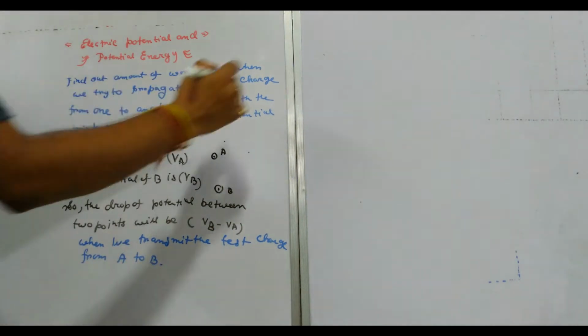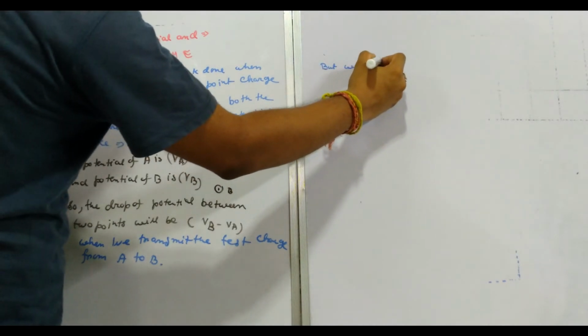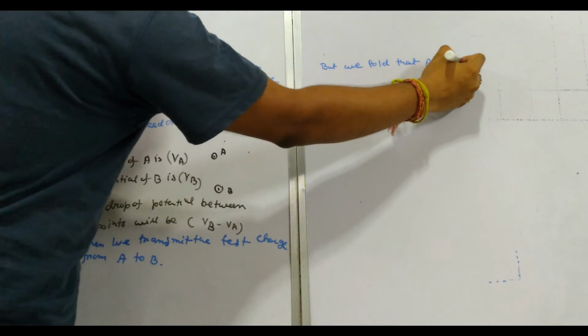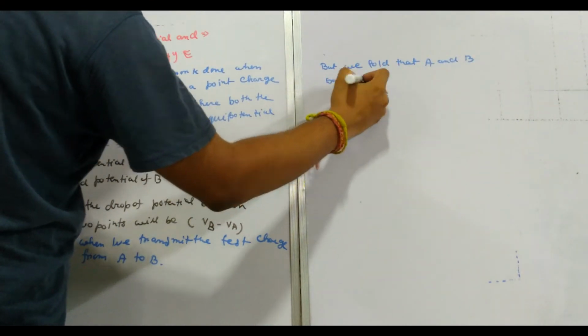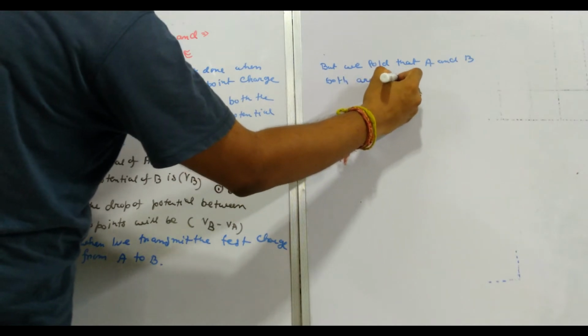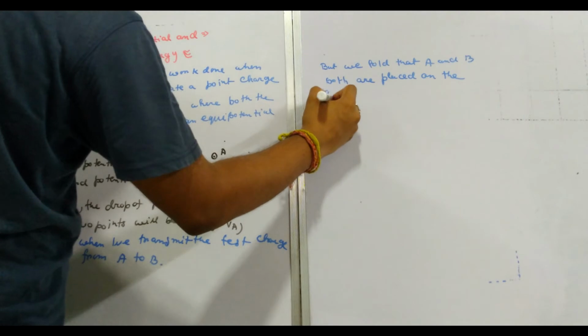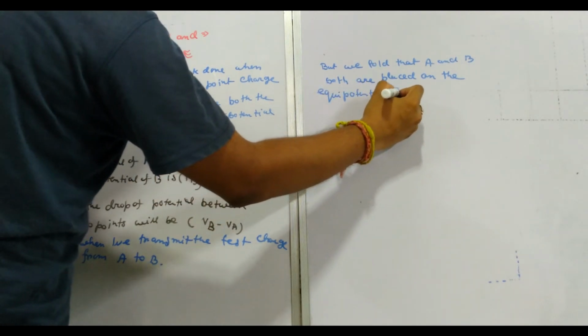Clear? But we told that A and B both are placed on the equipotential surface.